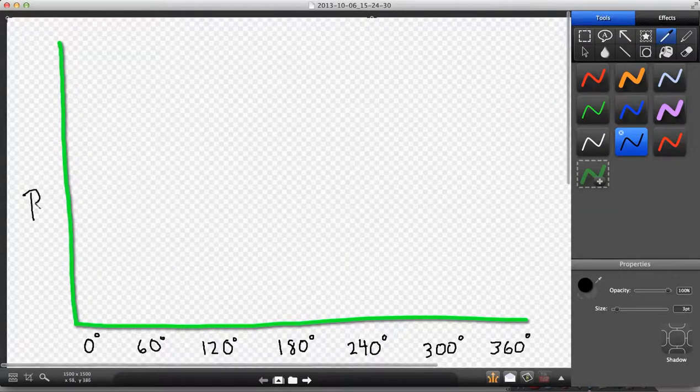And then of course I'm going to measure relative potential energy.